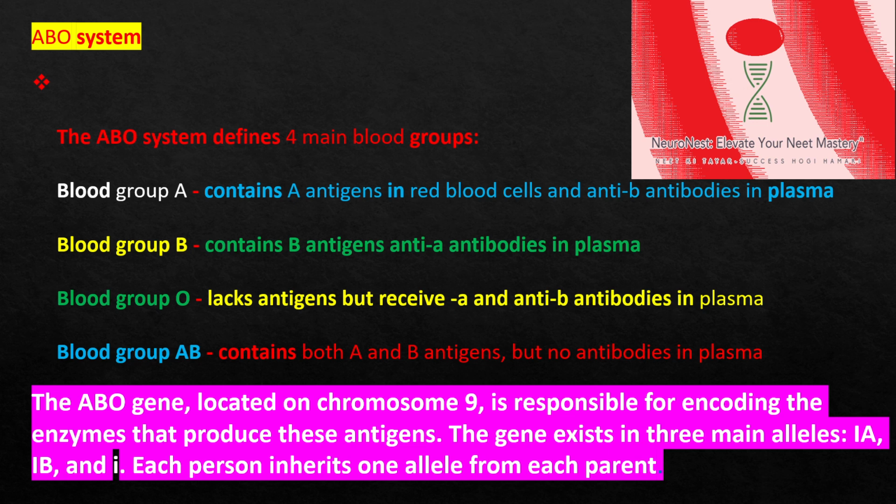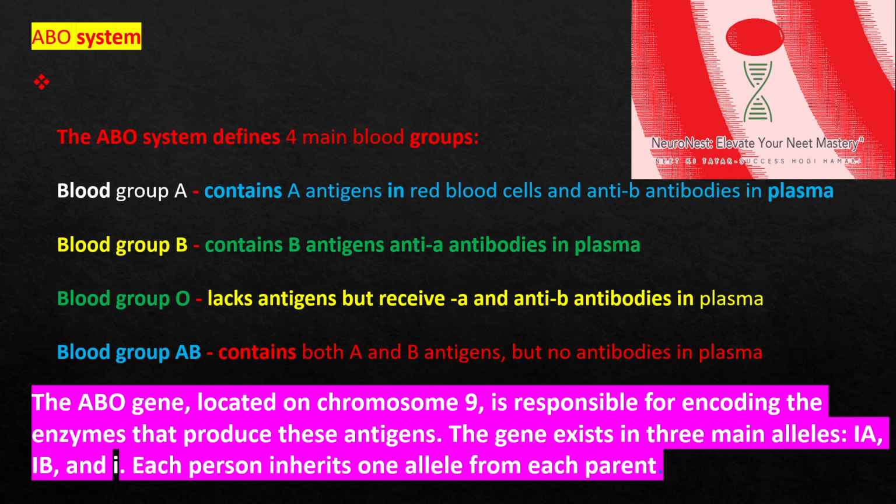The ABO gene, located on chromosome 9, is responsible for encoding the enzymes that produce these antigens. The gene exists in three main alleles, that is capital IA, where I indicates the antigen, IB, and a small i.